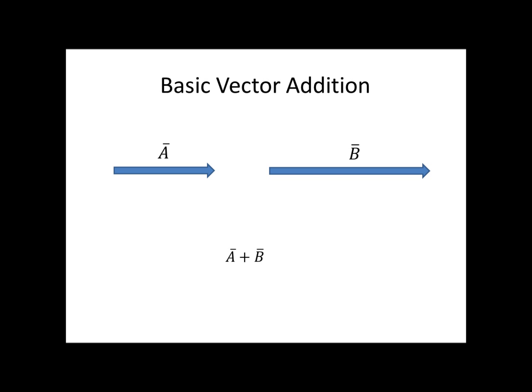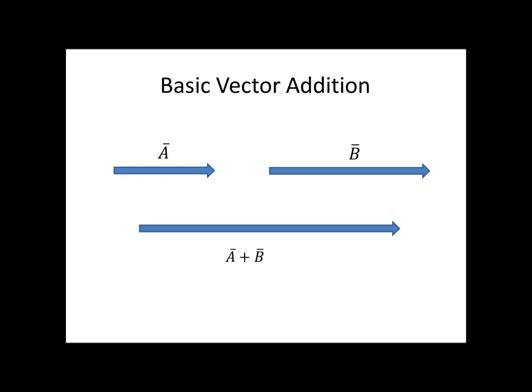So I want to add vector A and vector B. Well, the way I accomplish that is by just taking vector A and then taking the tail of vector B and setting it right at the tip of the arrowhead on vector A. A plus B is the total of the two vectors together.